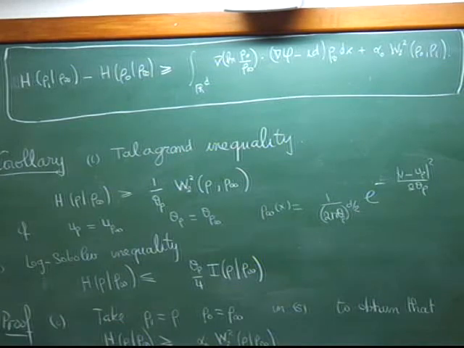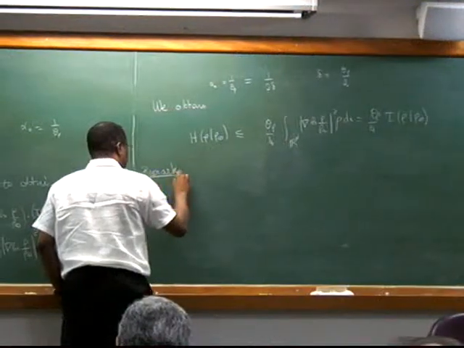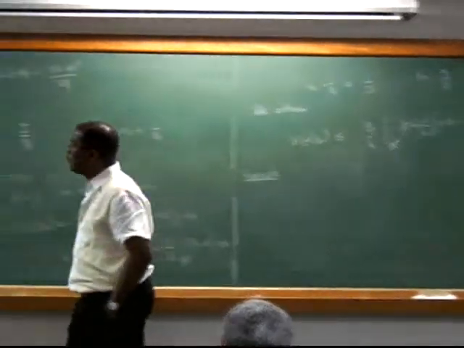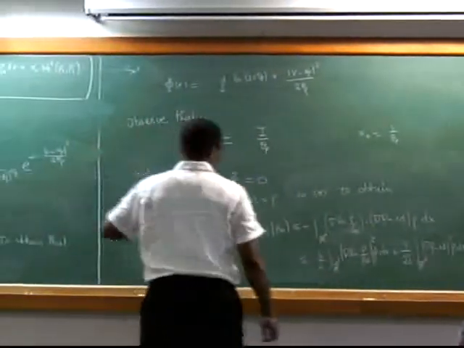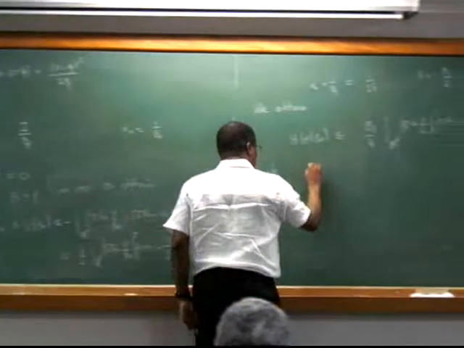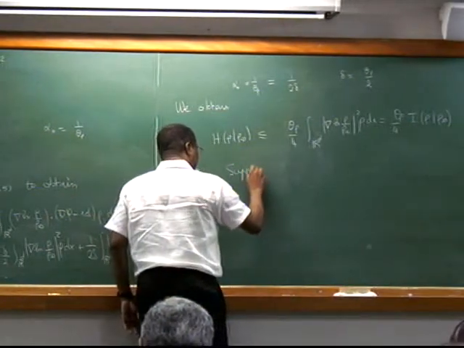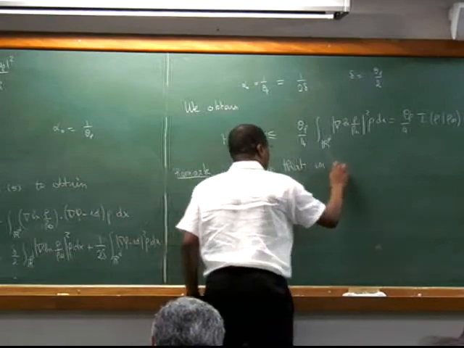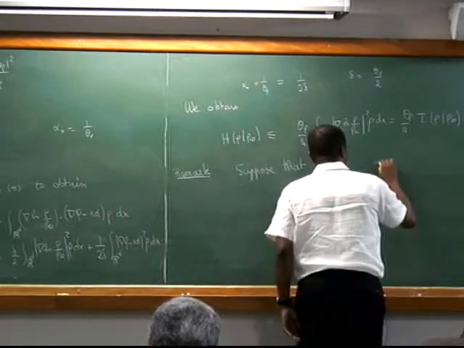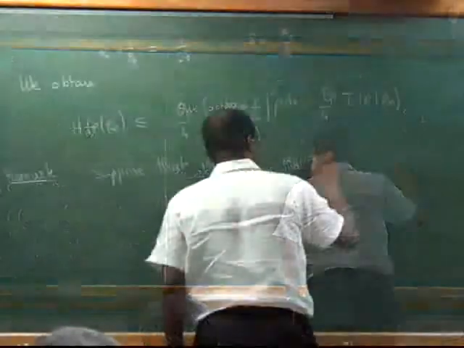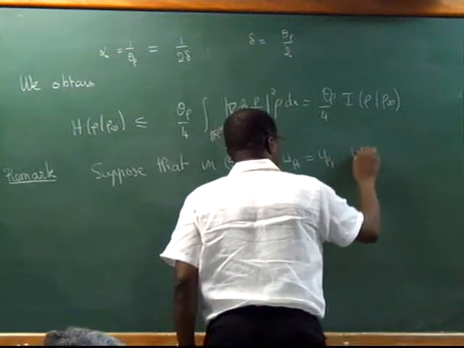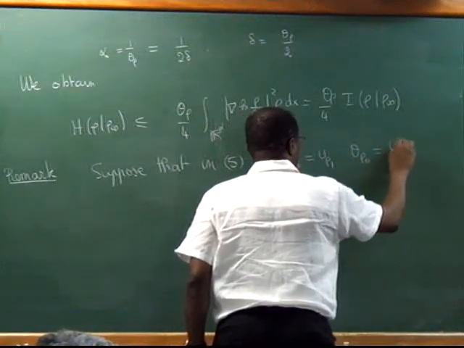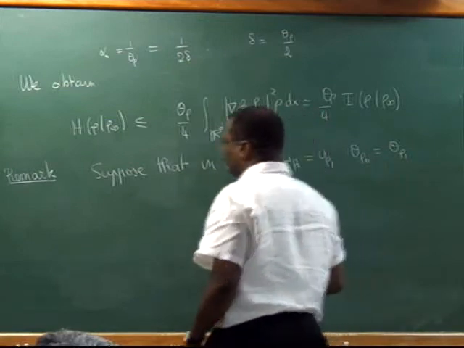So, remark. Suppose that in 5, U rho naught is U rho 1, theta rho naught is theta rho 1.